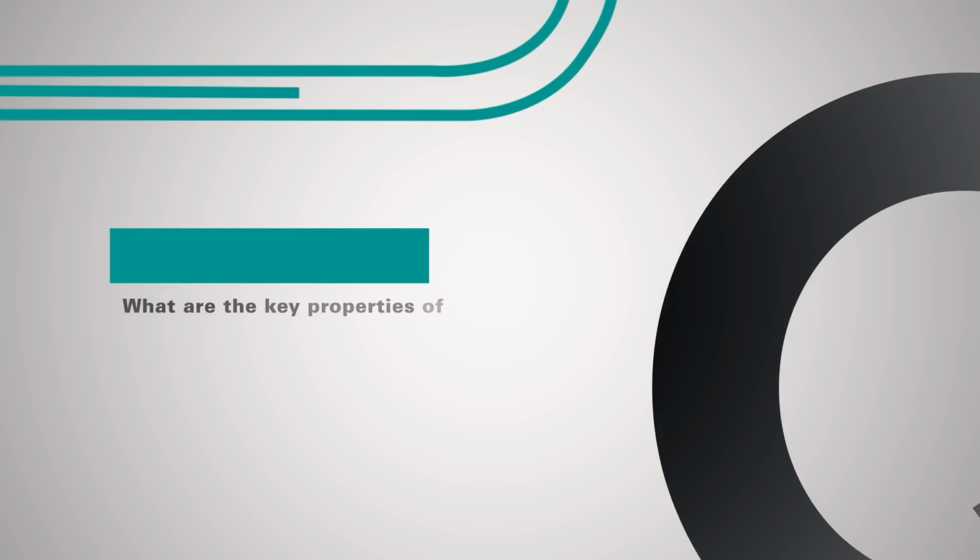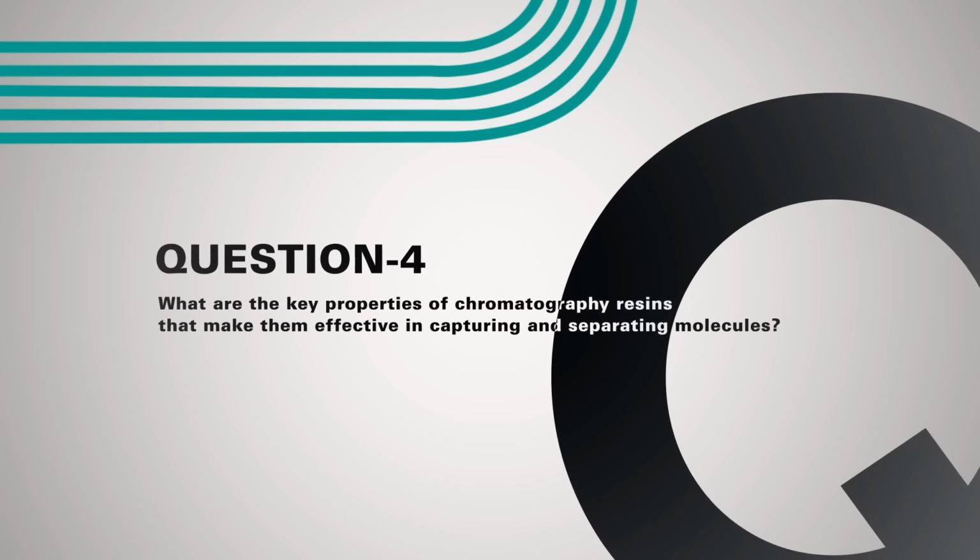So I hear capture step and polishing step. I'm capturing a molecule, and am I actually polishing a molecule? What's the difference? Yes, it means just what it sounds like. When you capture, you want to get a hold of the product of your interest. Most of the time, that's what you want to do. And of course, when you capture, you never get 100% of the product you wanted.